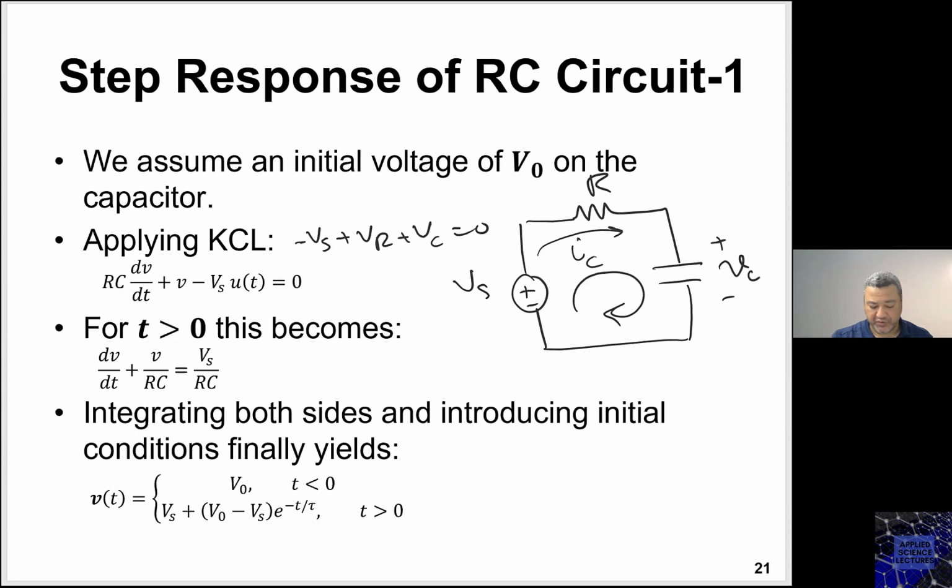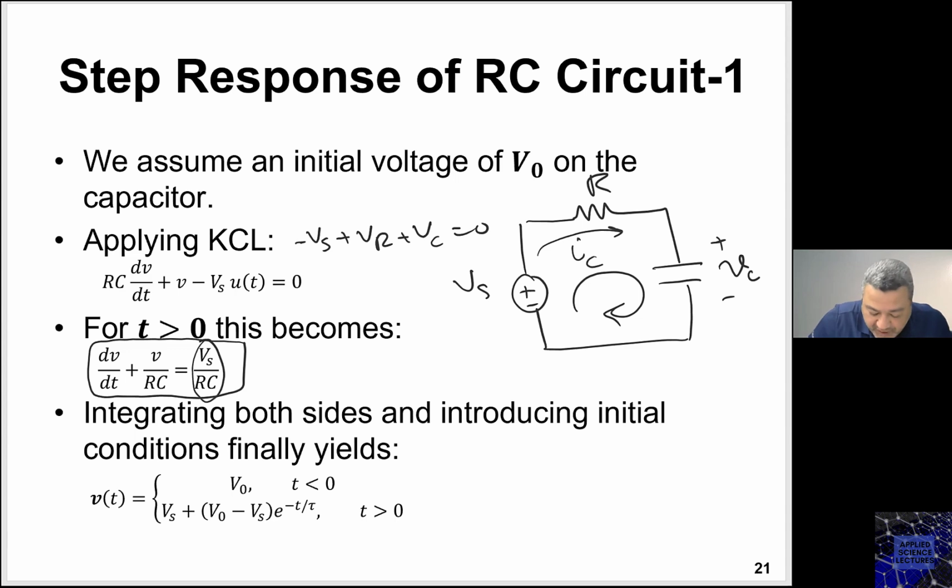If you substitute in this circuit and divide by RC, the expression is going to look like this. So this is a first order differential equation. However, as you can see, it does not equal 0.